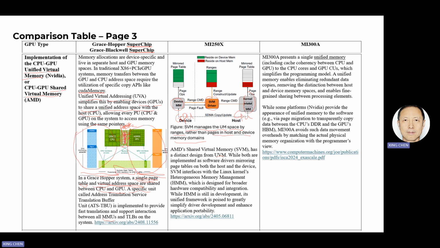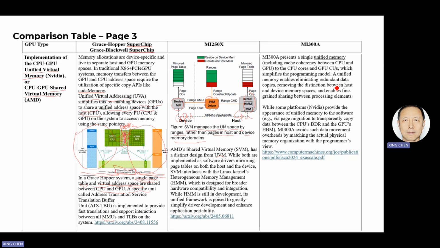The programmer maybe doesn't care how it's implemented, but from their point of view, it seems that they have only one page table, either a shared page table, a shared virtual memory, or an integrated page table that's accessible by the two. That's the virtual memory part for this one.